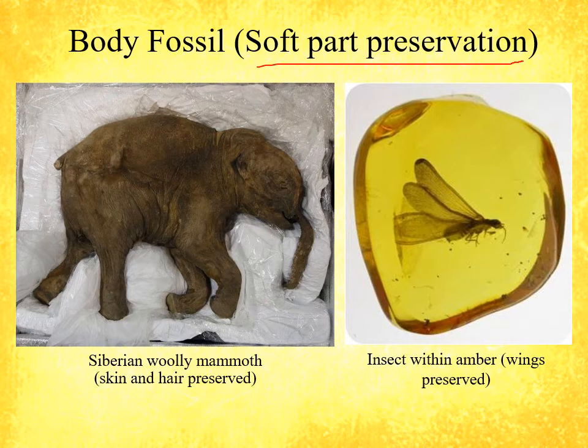So the decomposing bacteria cannot get access to act on this insect. So you can see that the whole soft body along with the wings are all very well preserved. And just a few days ago, I learned somewhere that from these insects, the blood is also collected.